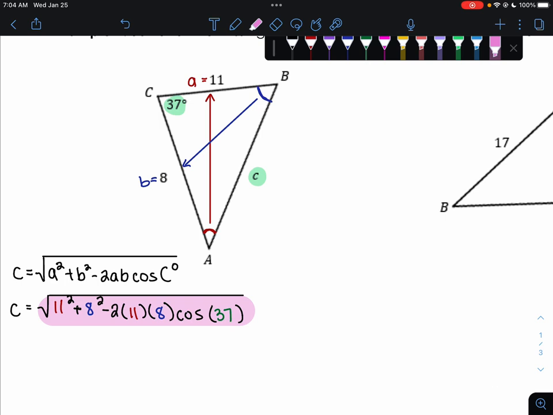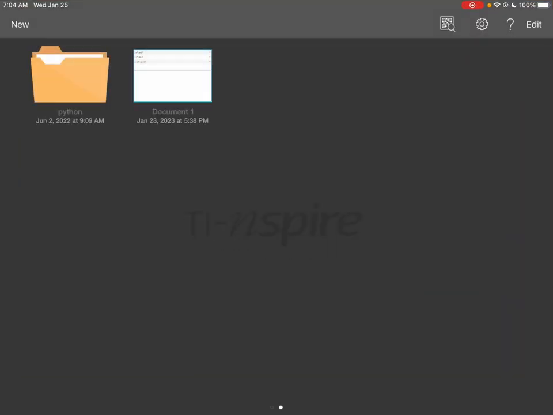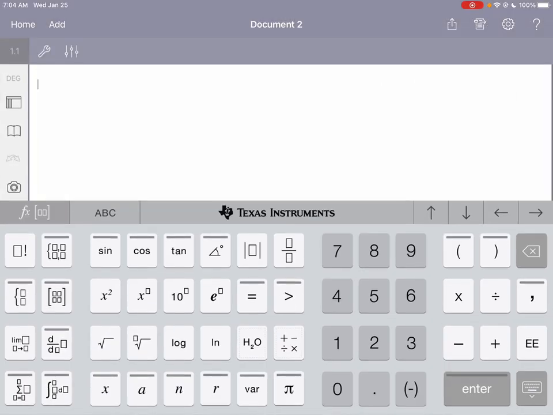Okay, so I switch over to my calculator. I get me a new document. Again, your top right corner should say DEG. Mine's over here on the left side. We're going to type in the square root of 11 squared plus 8 squared minus 2 times 11 times 8 times cosine of 37.